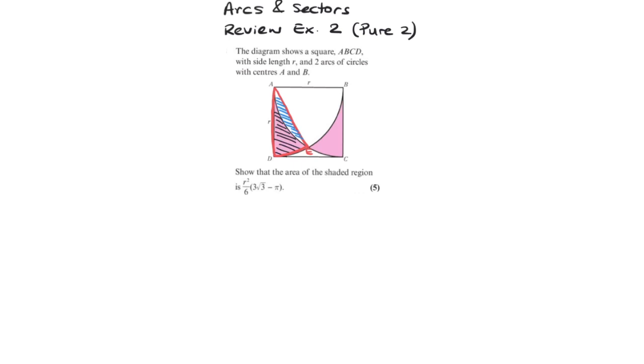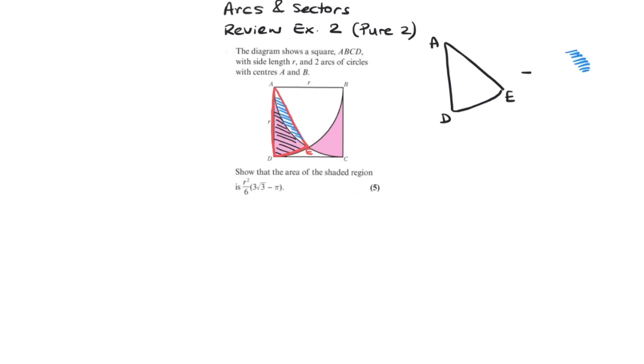So let's write this down very clearly. I am going to take away the area of the sector ADE, and then take away the area of that blue section. I'm just going to highlight it in blue because it's an unusual shape.